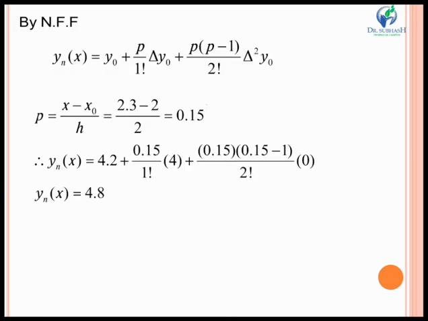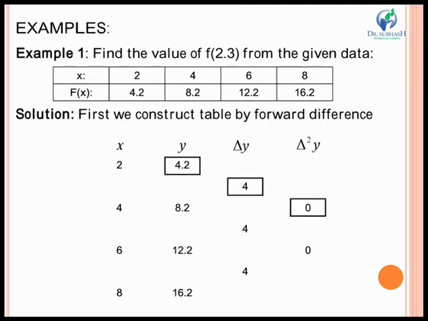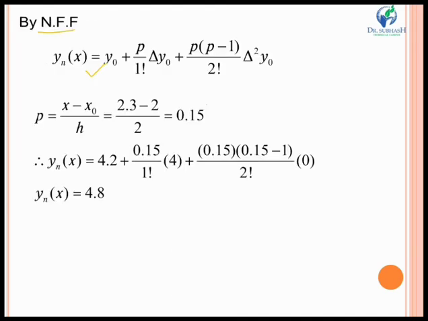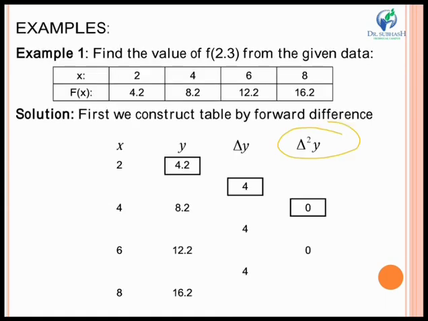Now again by Newton's forward formula, we will write the formula till where we will need, till delta square. So y0 plus p upon 1 factorial delta y0 plus p into p minus 1 upon 2 factorial delta square y0, right? So first we will calculate p. Formula for p is x minus x0 upon h. What is x? What we have to find here?